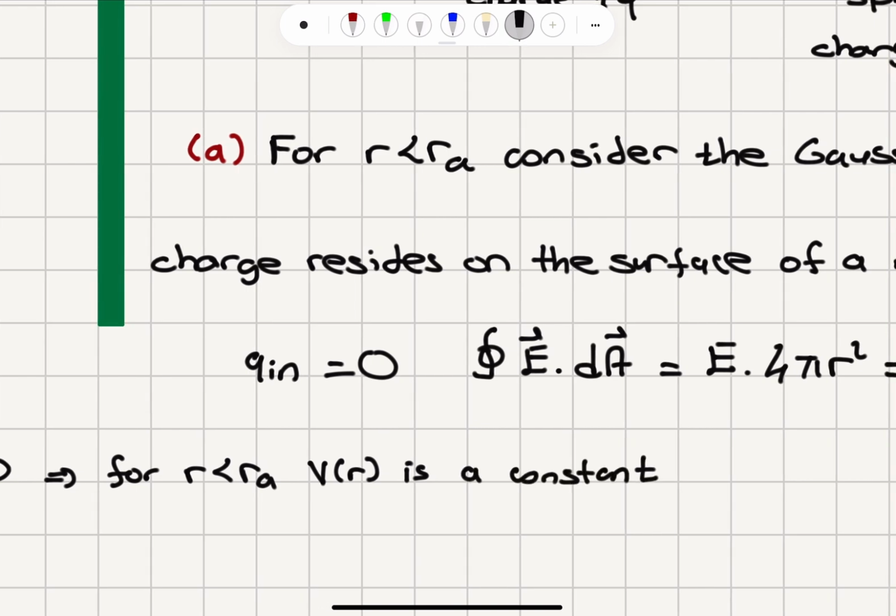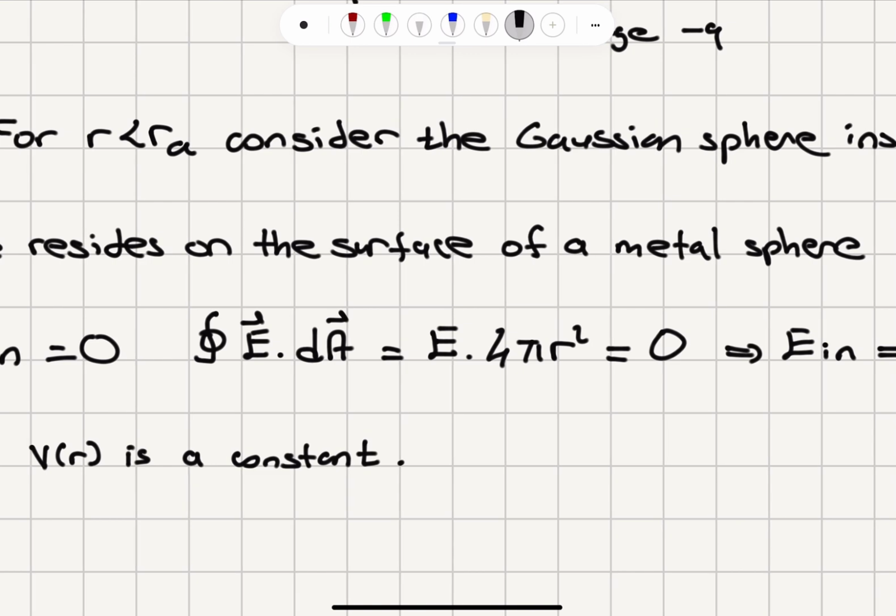It must be a constant. Its gradient is equal to 0. So we can say that the potential as a function of r for r less than r sub a is equal to the potential at the center. Now, what is the potential at the center?